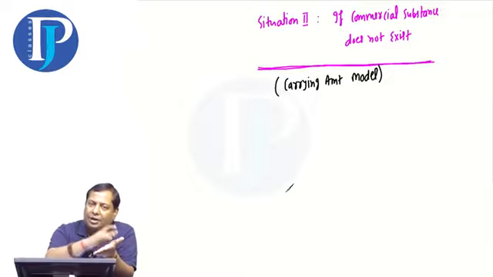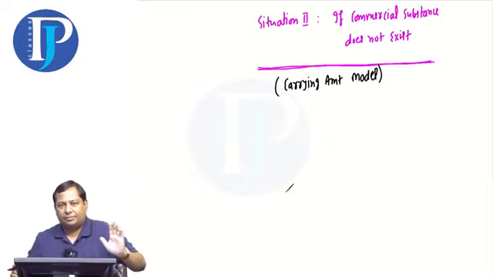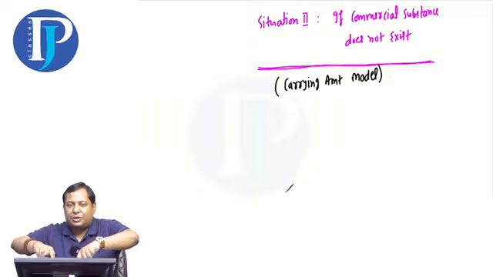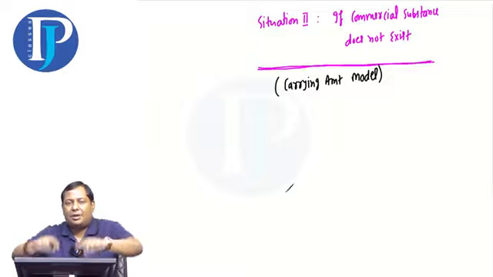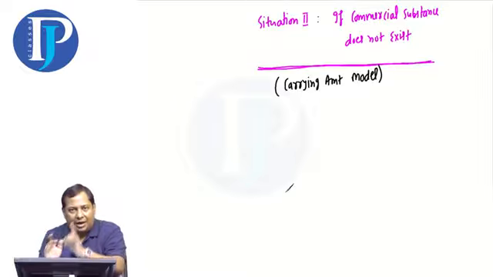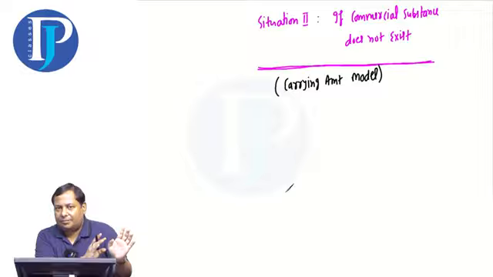So we will assume that commercial substance is present, and either of cases 1 to 3 will be applied. But if the question clearly states that commercial substance does not exist, then situation 2 will prevail. This condition is a must. If the question is silent, we will assume commercial substance exists and choose from case 1 to 3.